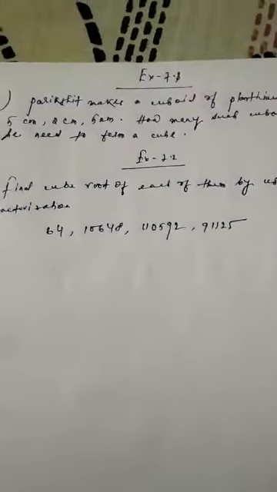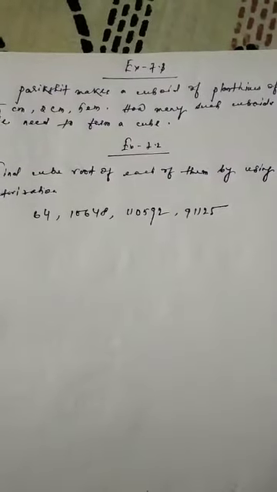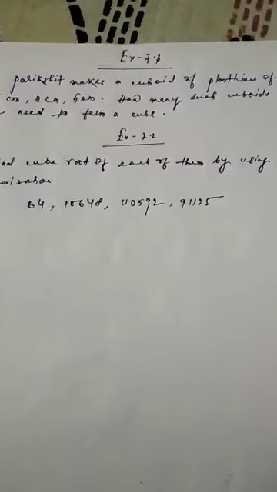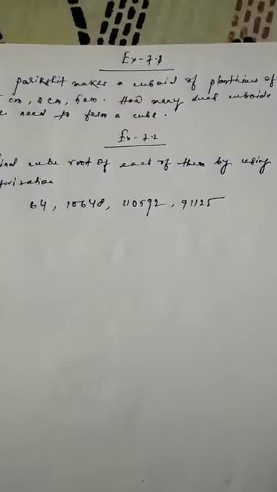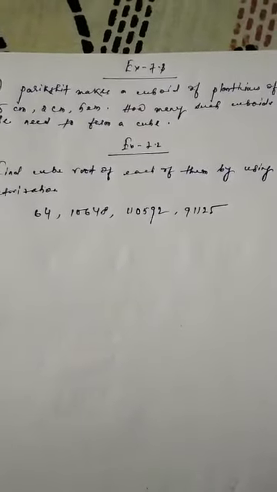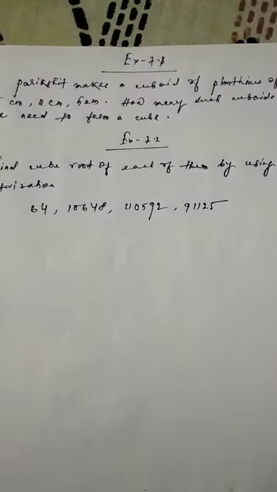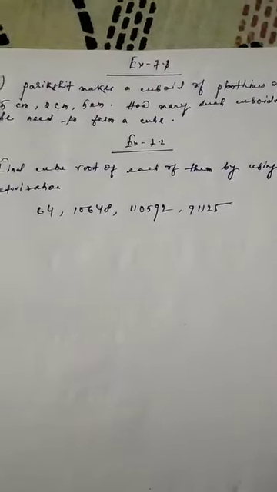Children, as I have explained about square and square roots, in all those videos I had explained how to find the square and square root of a number by using prime factorization methods. One thing that we have to understand is that this chapter, cubes and cube roots, and square and square roots, is pretty similar.